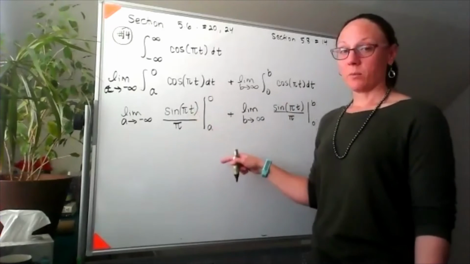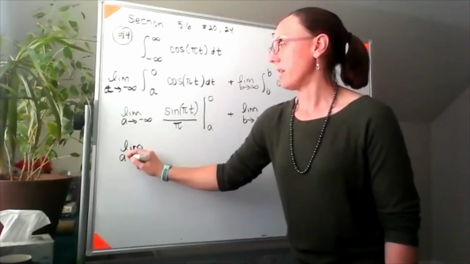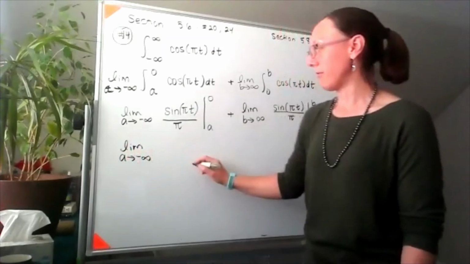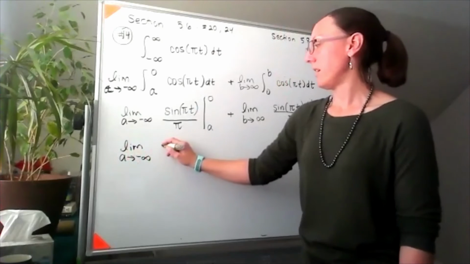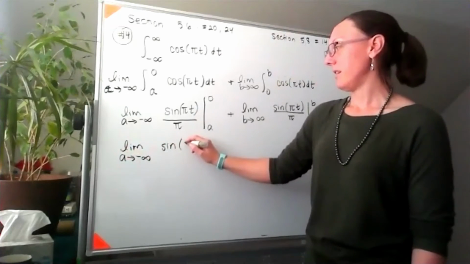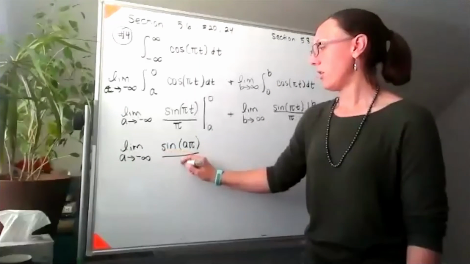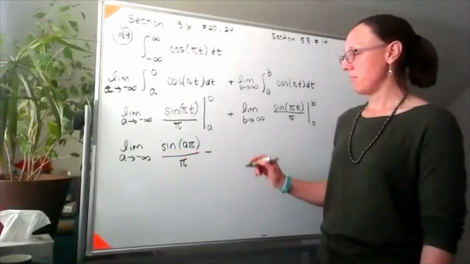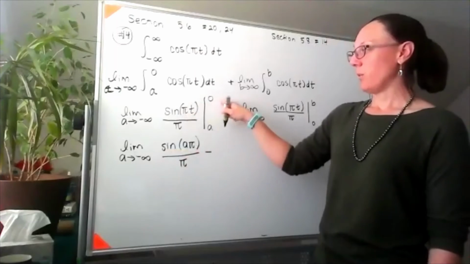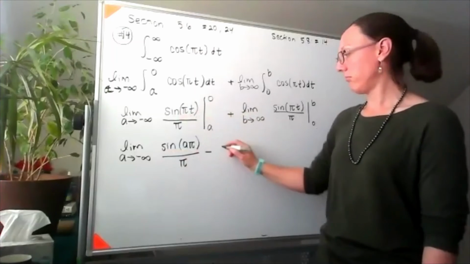If I plug in these limits of integration, I get the limit as a approaches negative infinity of sine of a pi over pi minus, when we plug in 0 for t, sine of 0 is 0.